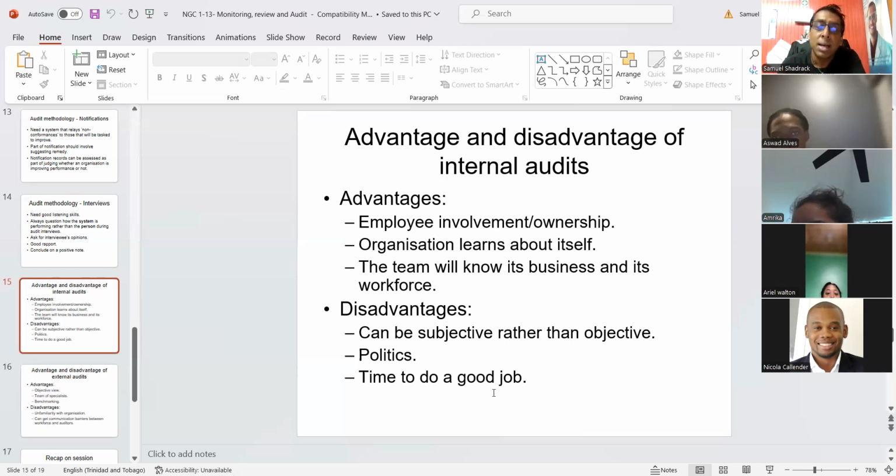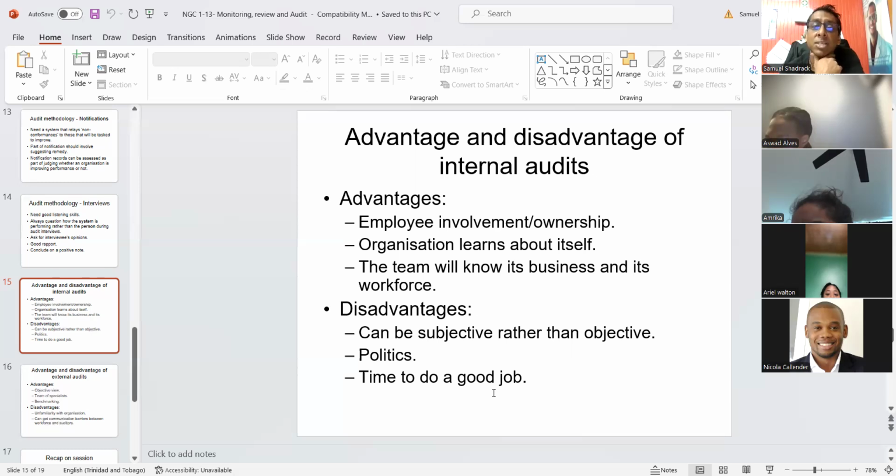And if this question should ever repeat, you can just think about it a bit. I wonder if you all could think about another advantage. Can anybody think of an advantage of using your own employees to do an internal audit? So, build ownership, you learn about yourself, the team will know its business, so you have fewer communication barriers.